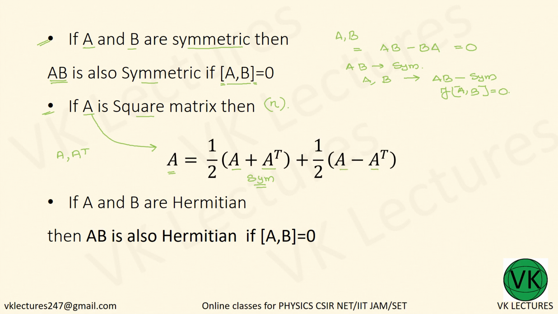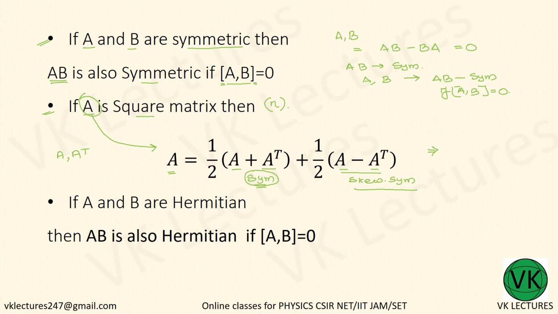This gives us the skew symmetric part. So if you have a square matrix A, then A can be written in the form of a symmetric and a skew symmetric matrix in this way. This is true for Hermitian also.